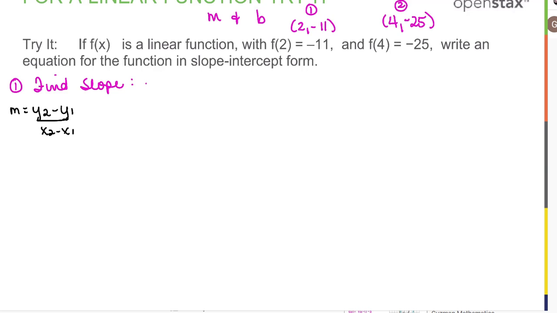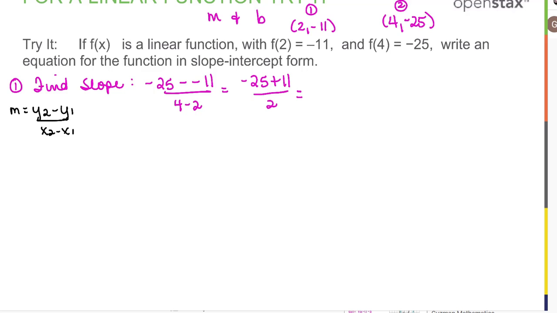So in this case, we have negative 25 minus negative 11 over 4 minus 2, which is negative 25 plus 11 over 2, because 4 minus 2 is 2.